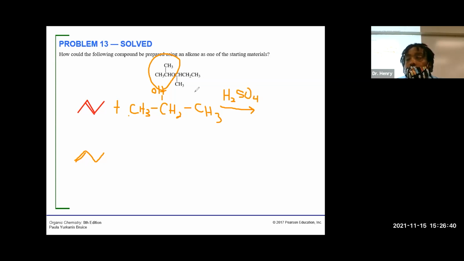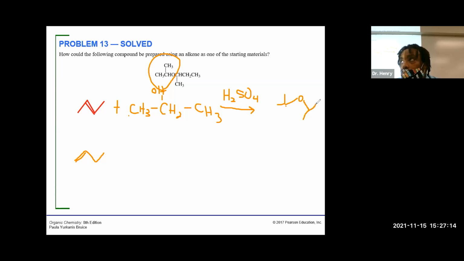Okay, and then we know that we're going to end up with our product, right? So we'll end up with, I want to just draw my crazy structures there. See there.